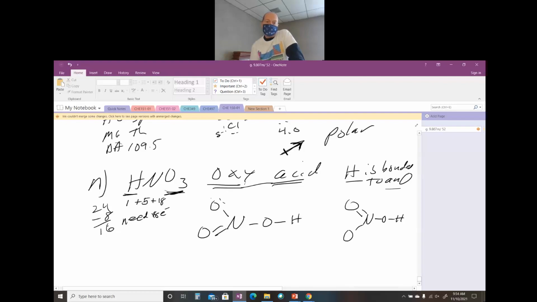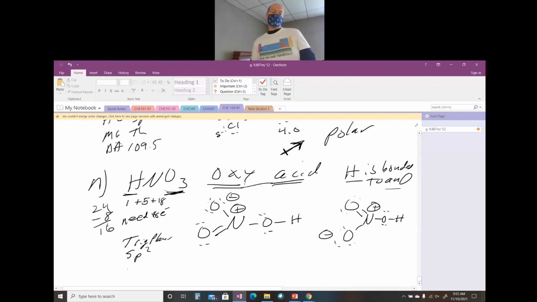And so this is the structure of your nitric acid. And then the formal charge: the nitrogen only brought in 4, this oxygen brought in 7. And so you have your formal charges for your nitric acid. And so this is trigonal planar, sp2.